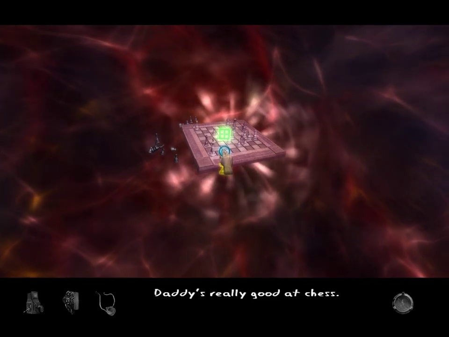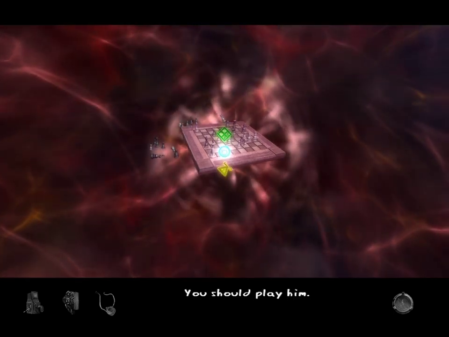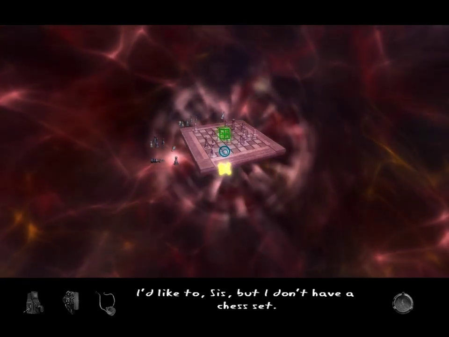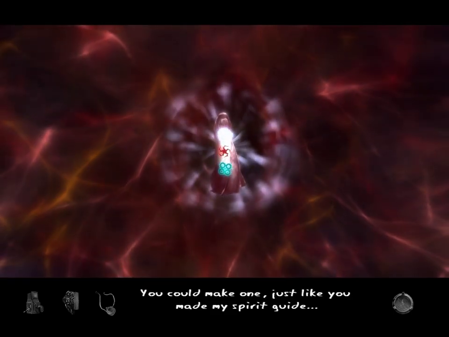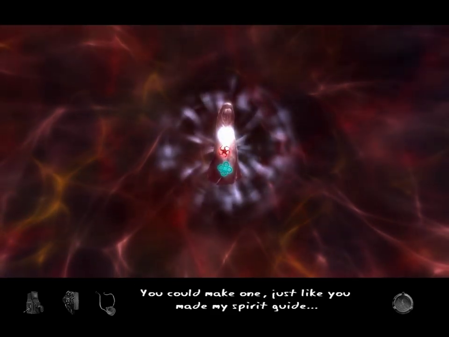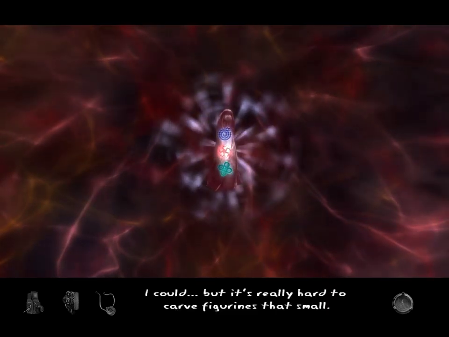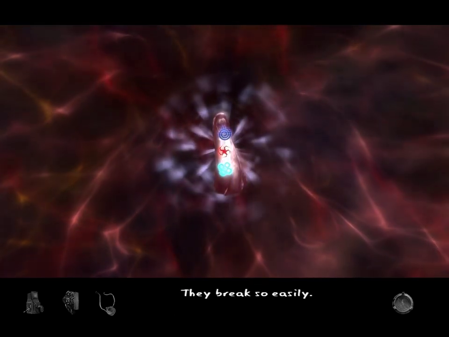Daddy's really good at chess. You should play him. I'd like to, sis, but I don't have a chess set. You can make one, just like you made my spirit guide. I could, but it's really hard to carve figurines that small. They break so easily.